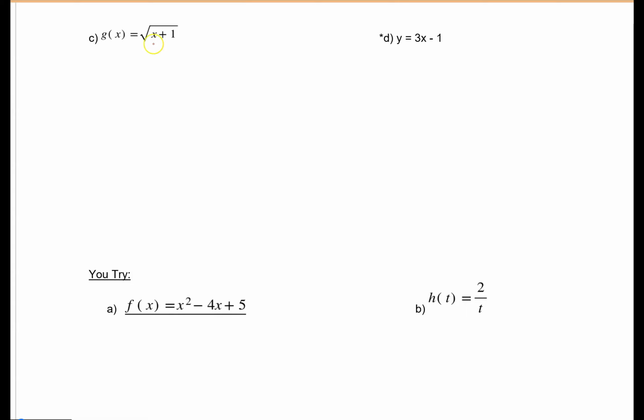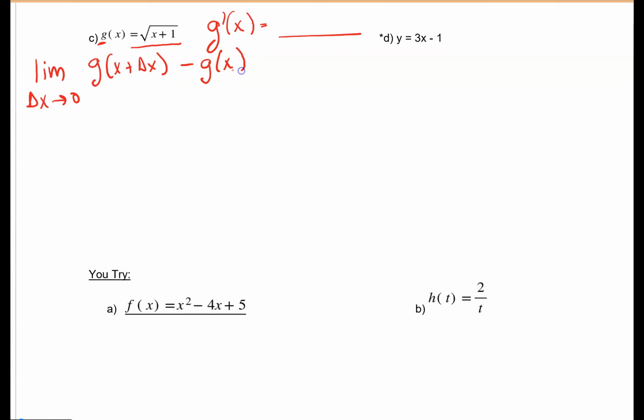Okay, we're going to go ahead and try this process here with the square root of x plus 1. So what we're going to try to find in this case is g prime of x, because this is g. So we'll start by taking the limit as delta x approaches 0 of g of x plus delta x minus g of x all over delta x.